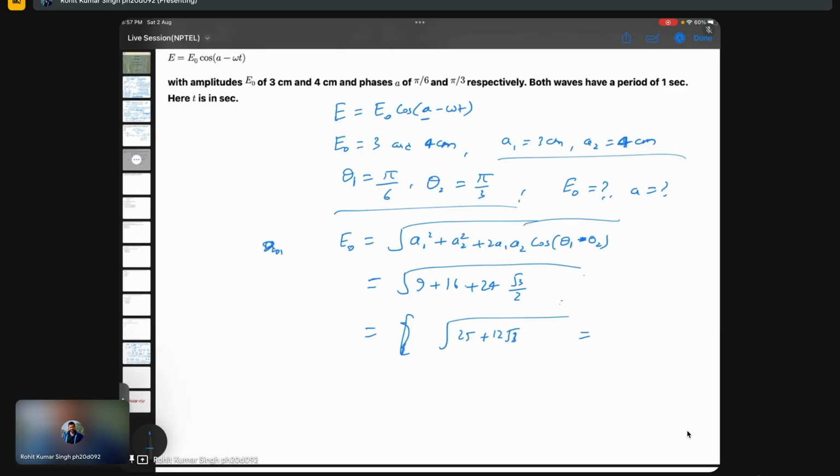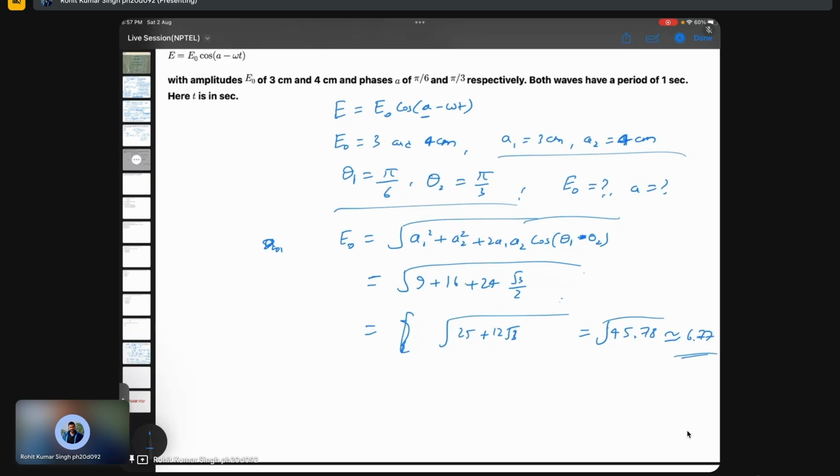Now use a calculator, and if you take the square root you get 6.77 something. So this is the amplitude.